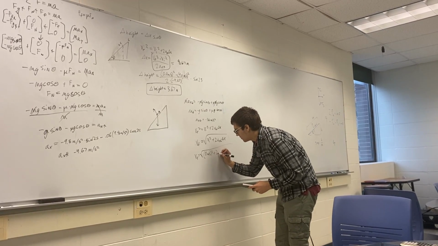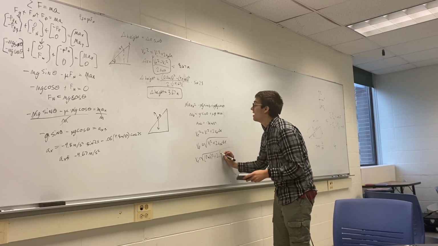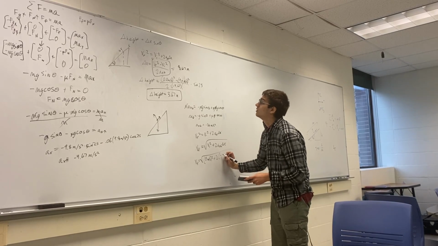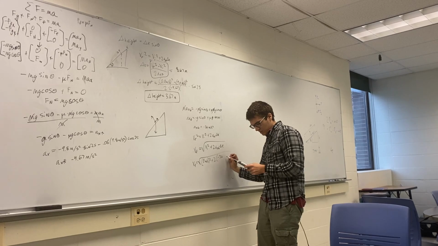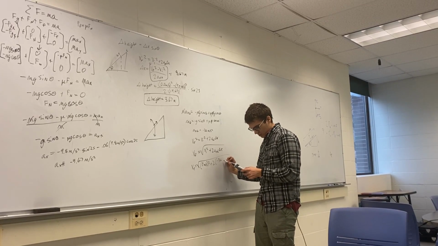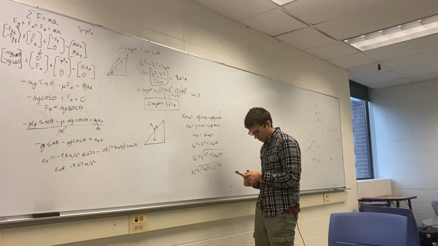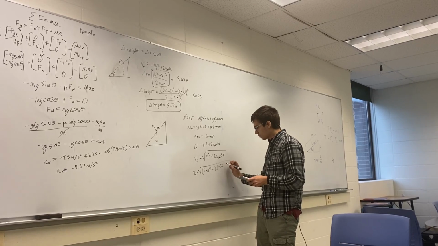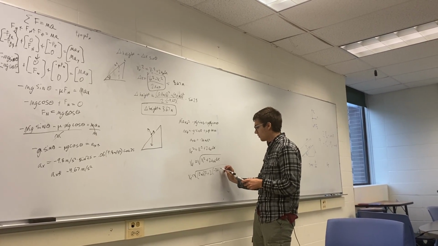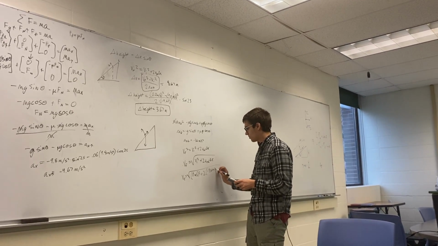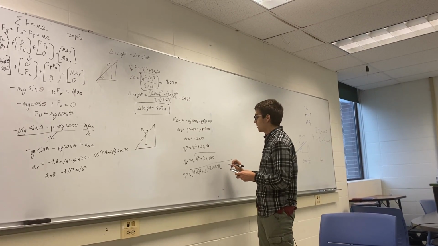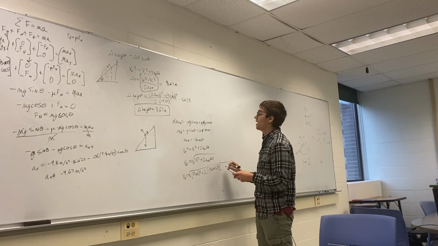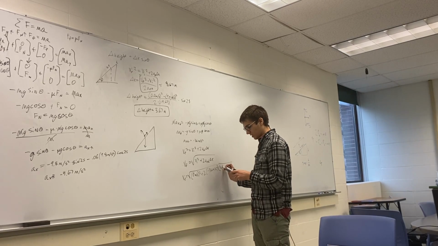Then we have 2 times negative 3.6 meters per second squared, and then multiply that by our change in x, that was 8.67.